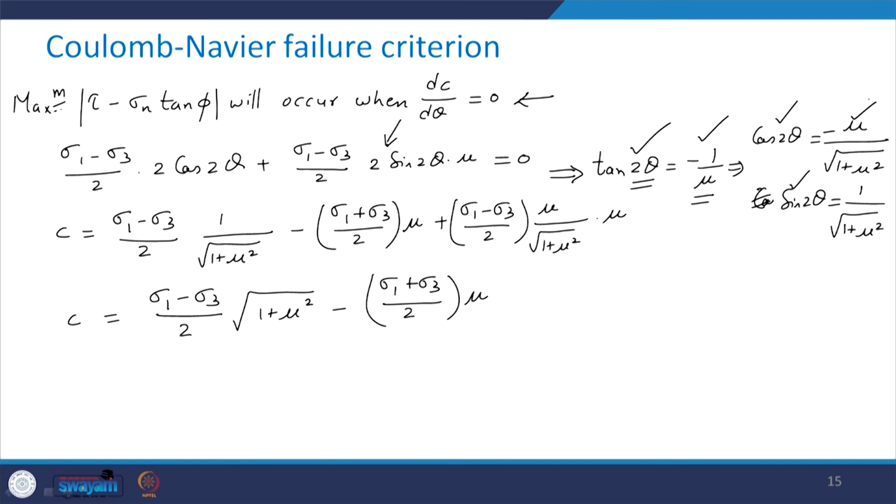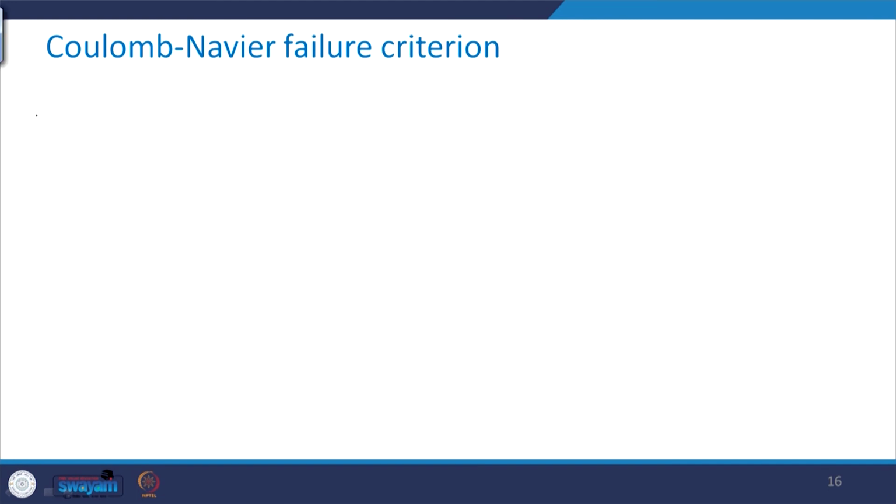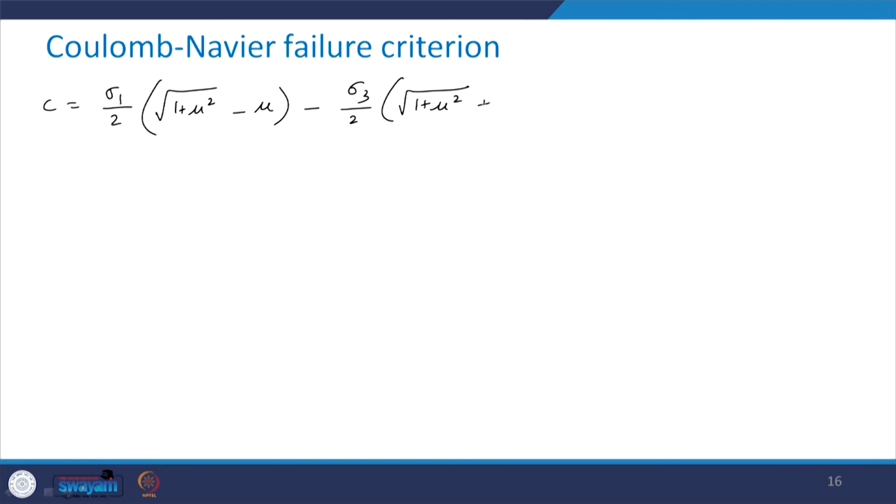Substitute these quantities in the earlier expression and you will get this expression for C. In the simplified version, it can also be written as C equal to sigma 1 upon 2 into (square root of 1 plus mu square minus mu) minus sigma 3 upon 2 into (square root of 1 plus mu square plus mu).